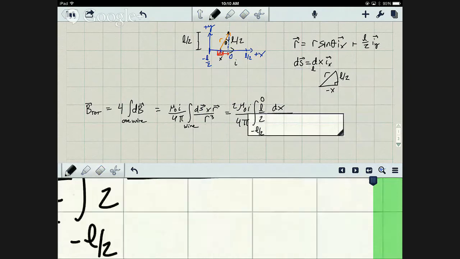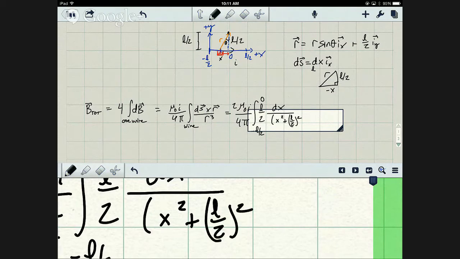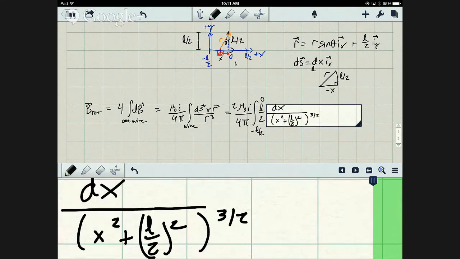R is going to be x squared plus L over 2 squared, all to the 1/2, but then cubed, so it's to the 3 halves.